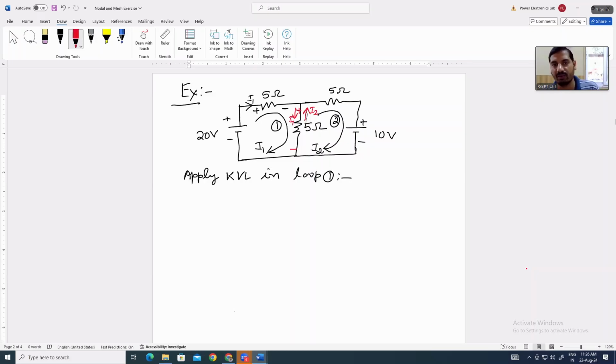The directions of the two currents are opposite, so we have to assume that one current is higher than the other. We have assumed I1 is greater than I2, so the resultant current will be in the downward direction. That's why for the voltage drop, plus will be upper and minus will be lower. Clear?